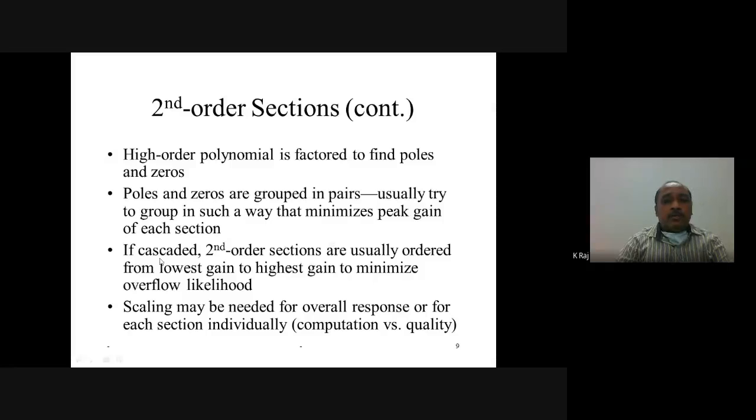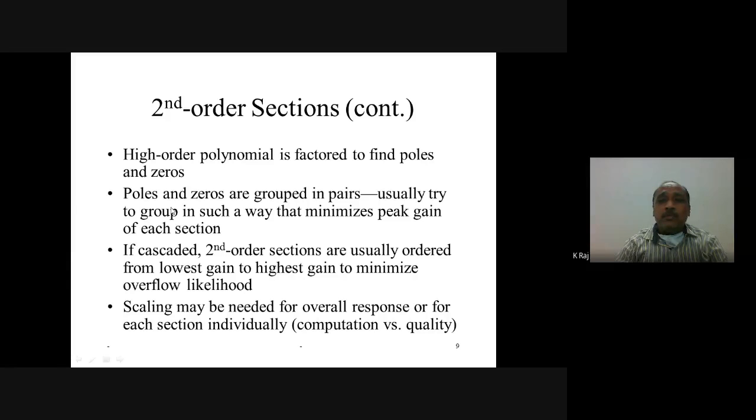If it is cascaded, then second order sections are usually ordered from lowest gain to highest gain. These are the points which have to be considered during the design and the selection of the orders, because first of all we have to break the total order into first order and second order sections, and then we have to arrange them.